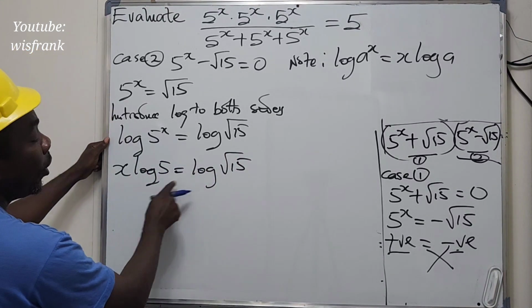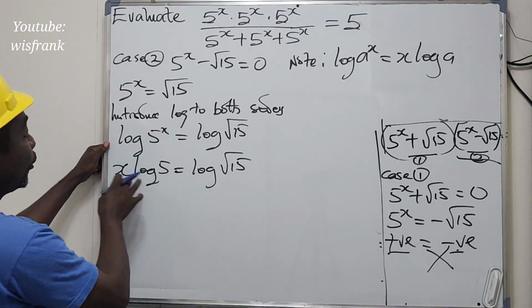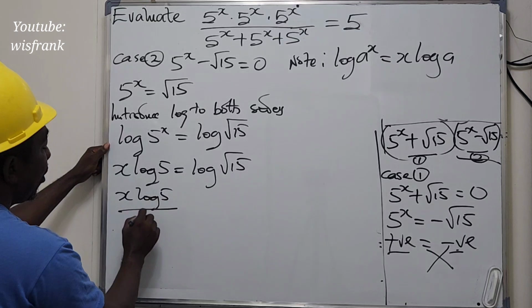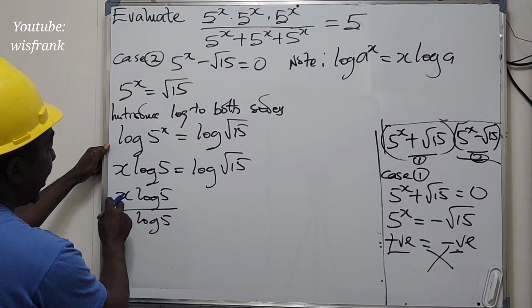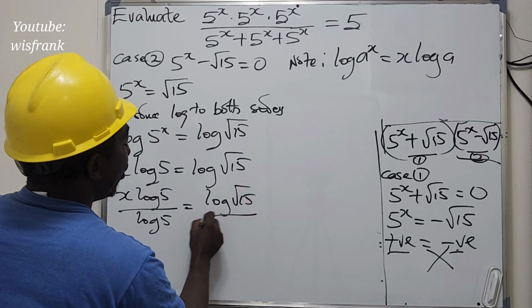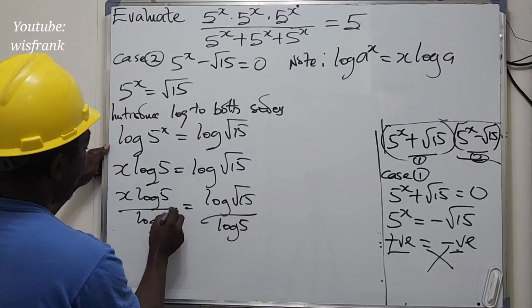Here we can divide all through by log 5 for us to have the value of x. Therefore, x log 5 all over log 5 equals log root 15 all over log 5. Log 5 will cancel here.